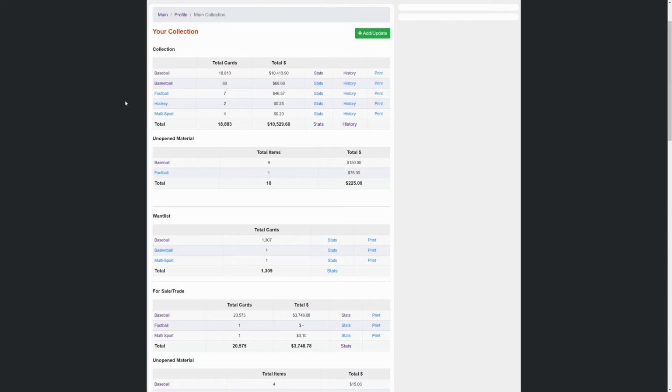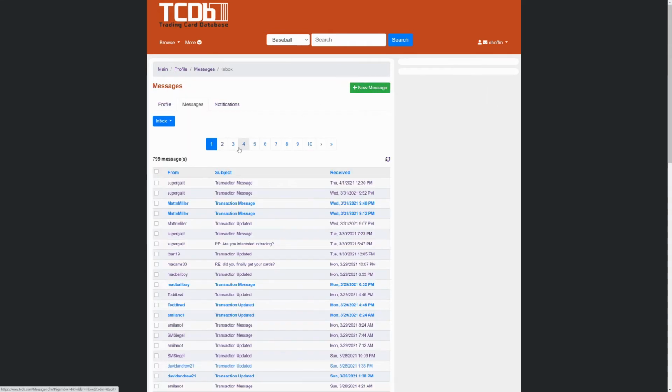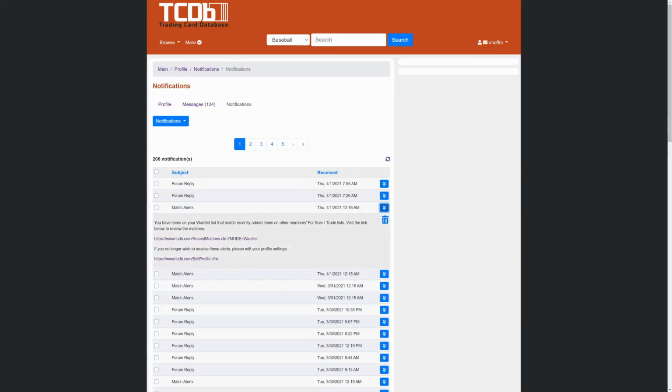So what it does is it sends out messages. It sends out a notification to you that says there's an alert that says you have matches. And then what you do is you click on that.